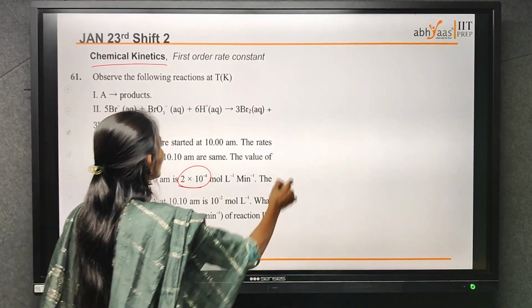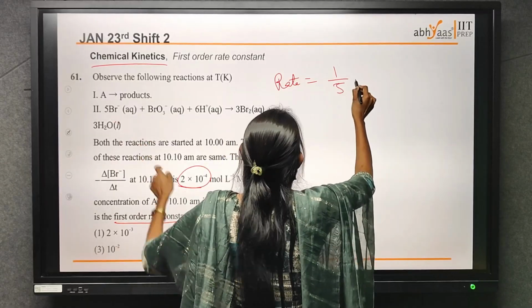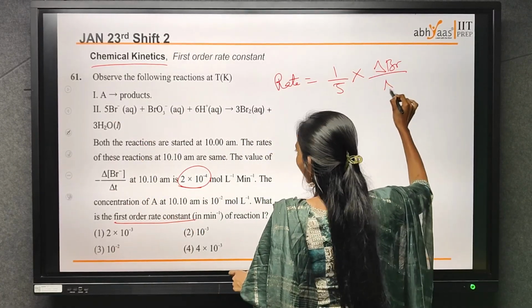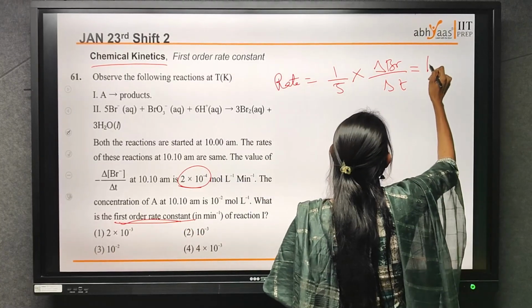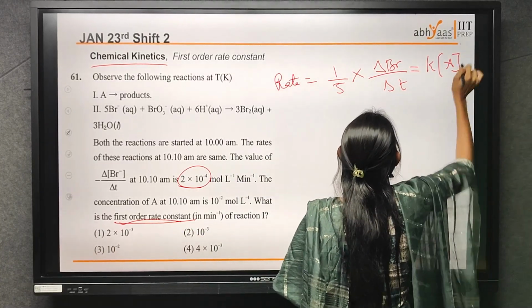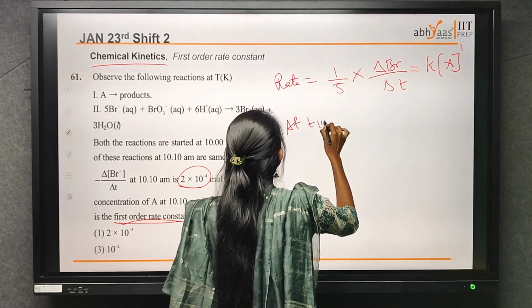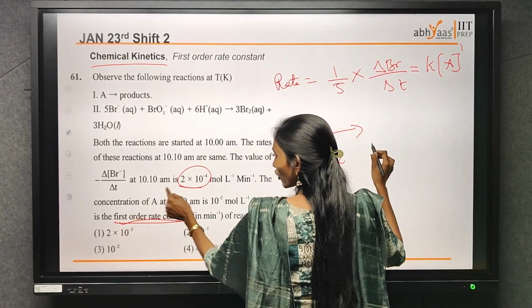We have the formula that rate is equal to 1/2 into minus delta B by delta T, right, which is equal to, they are asking for the rate constant only, right? Therefore K first order they are asking, right? So it is at initial. After 10 minutes, what happens? 1/5 into delta B, they have already given the value.